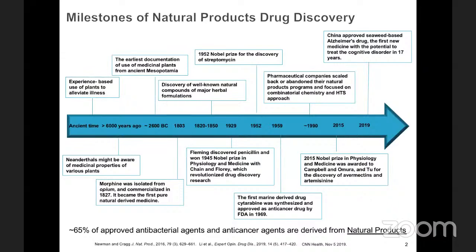However, from 1990, like I said earlier, the companies have scaled back or abandoned their natural product programs and focused on other technologies such as combinatorial chemistry and the high throughput screening approach, with molecules imagined or designed by the human mind. And the primary reason was that it was a biology driven drug discovery program.